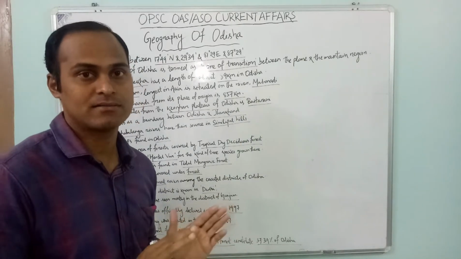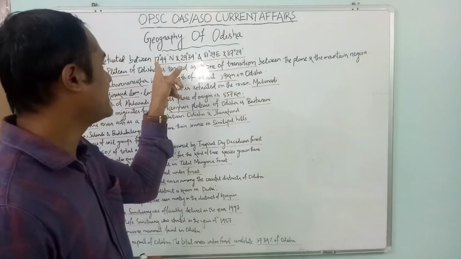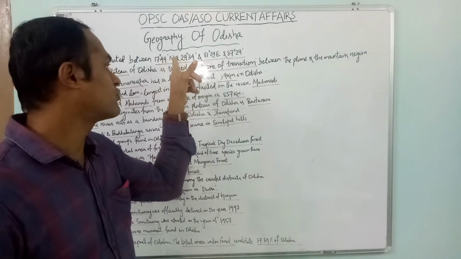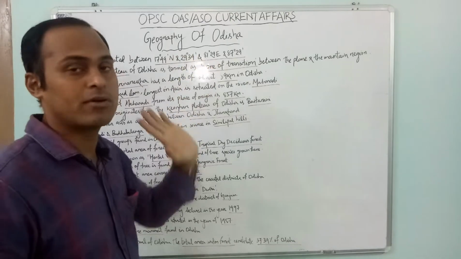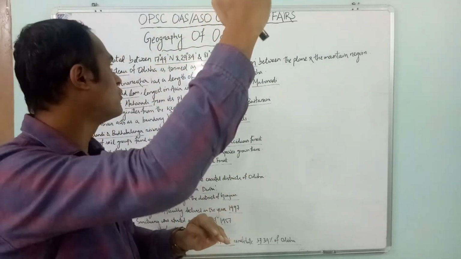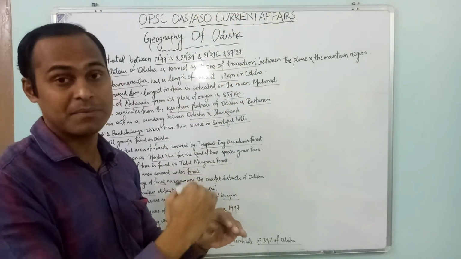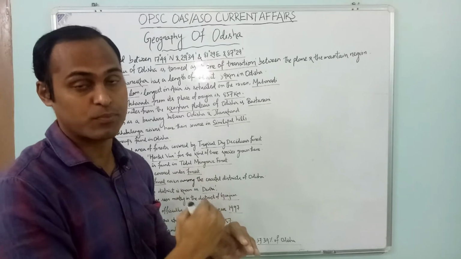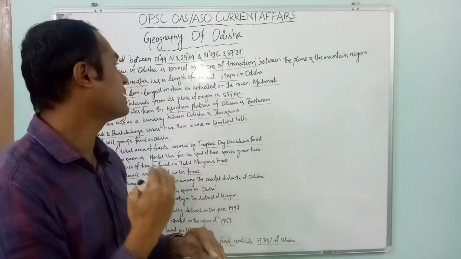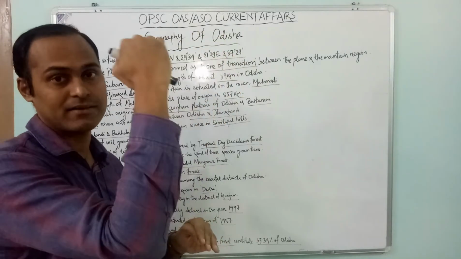This is the situation from the north. 17 degree means closer to the equator. The southernmost point is 17 degree 49 minute, and the northernmost point is 29 degree 34 minutes.